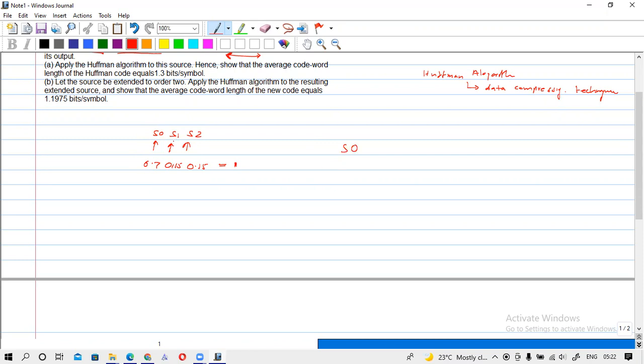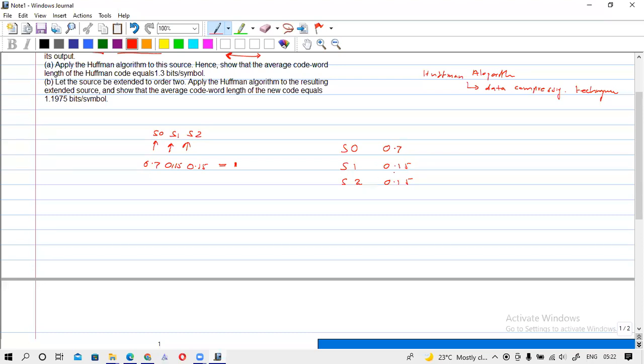And S1 and S2 have the same probability, 0.15 and 0.15, so you can write them in any order. S1 and S2. So these are the probabilities of S0, S1 and S2.